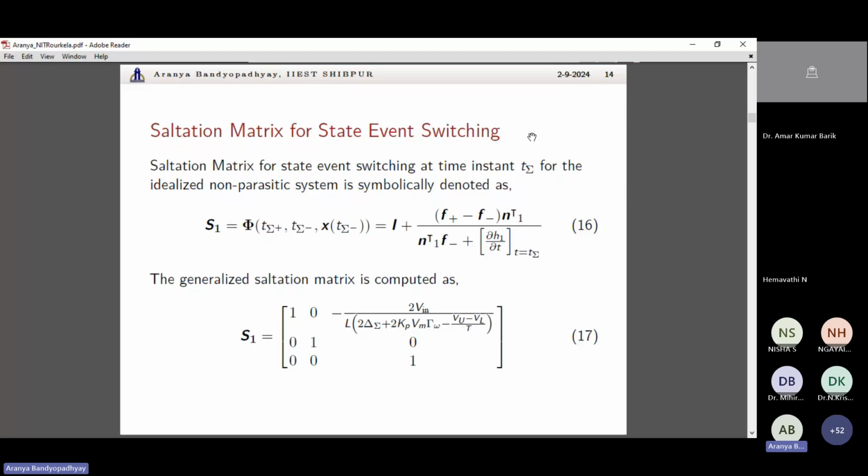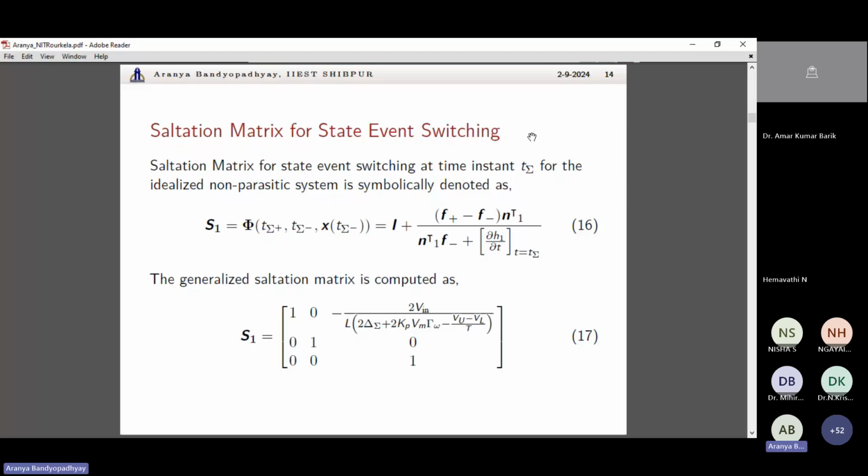We can predict that evolution of perturbation through the simple state transition matrices. But there is a problem in predicting how the perturbation evolves through a switching phenomenon. For that, we need another type of state transition matrix.